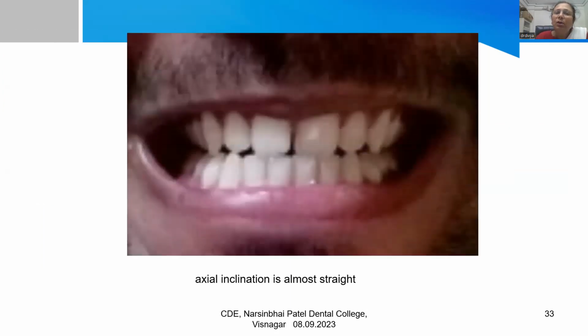And you know the axial inclination is almost straight in these types of patients. You might have seen severely crowded patients in adult dentition, which almost always have straight incisors.